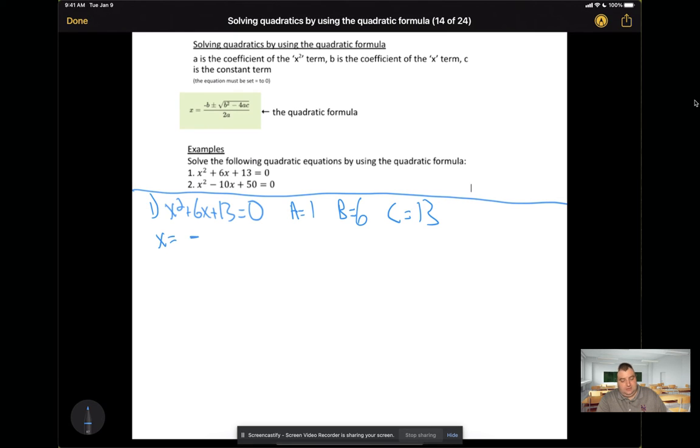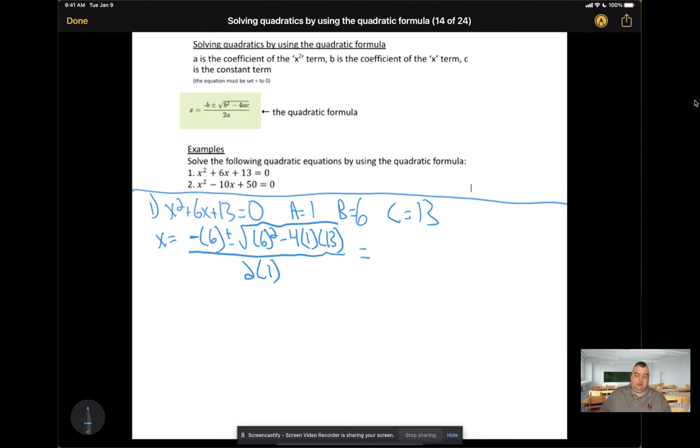So x equals negative b plus and minus the square root of b squared minus 4 times a times c divided by 2 times a. And now we're just going to start simplifying.